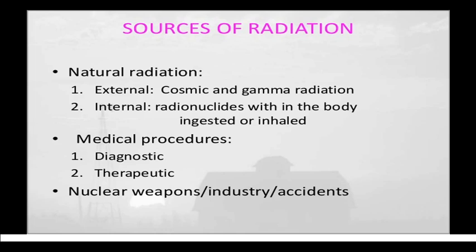Now internal radiation means, by the word itself, it is inside our body, isn't it? So whenever some radioactive nuclei are there within the body, the radiation due to that forms the internal natural radiation. Now, for which purposes do we use this radiation? For diagnostic purposes and for therapeutic procedures, we use this radiation.